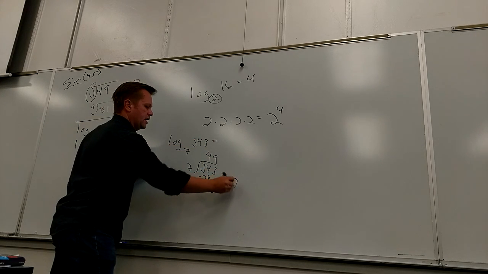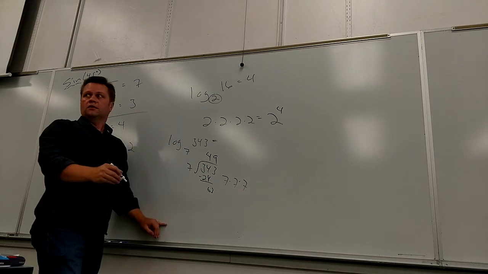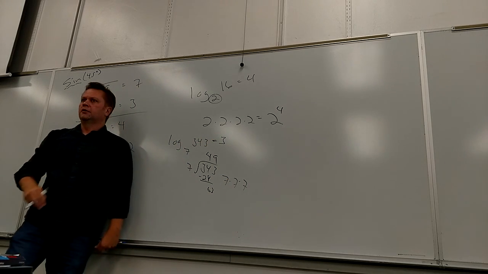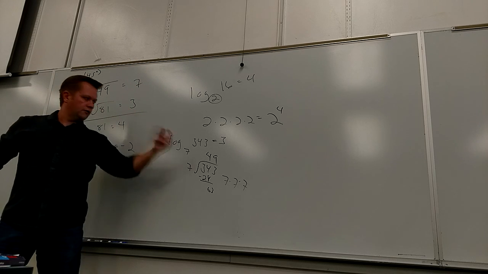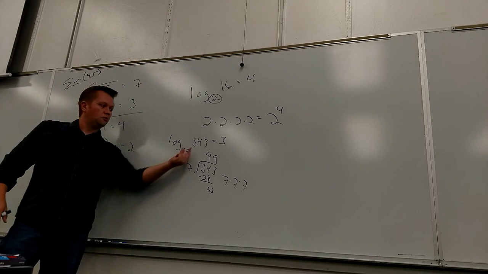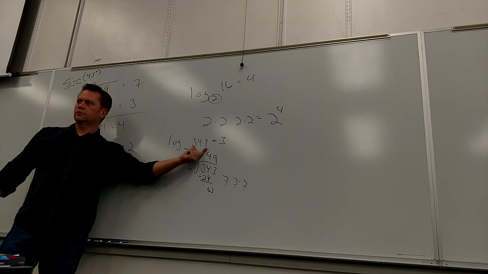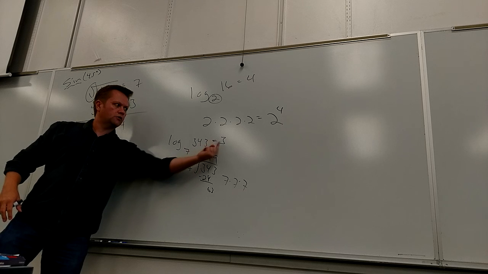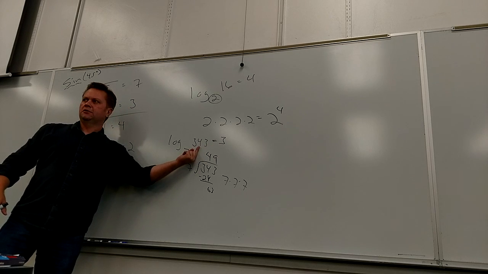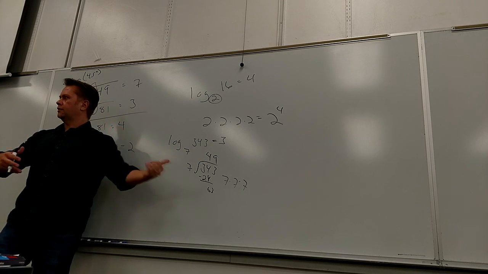How many 7s does it take to make 343? 3 of them. The result is always going to be the number of these it takes to multiply to be this. Always. Which at the same time means the power, 7 to the 3rd power is this. Because 7 times 7 times 7 is that.